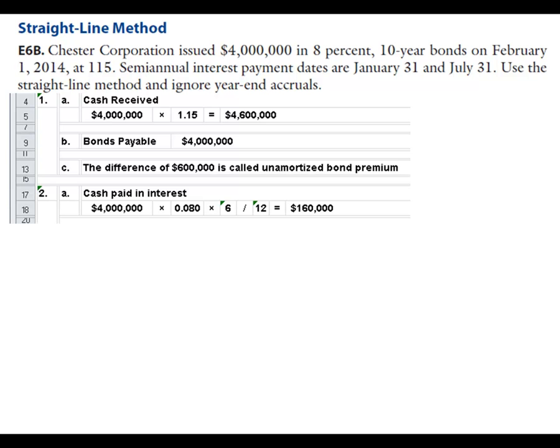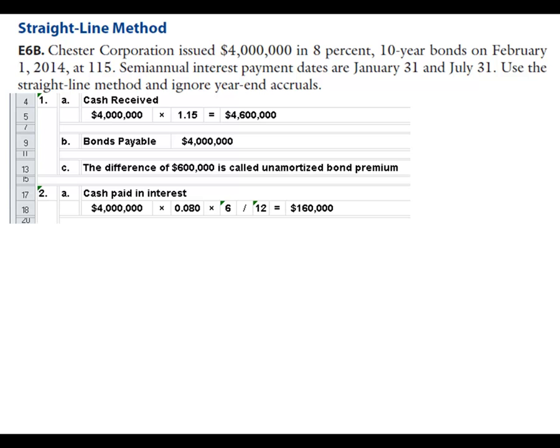So now we're talking about the interest payment dates of January 31st and July 31st. To calculate the amount paid in interest, I said we use the face rate, which is the 8%. So the cash paid in interest is going to be the face value, which is the $4 million, we don't take into account the 15% above, times the face rate of 8%, and then times 6 over 12.